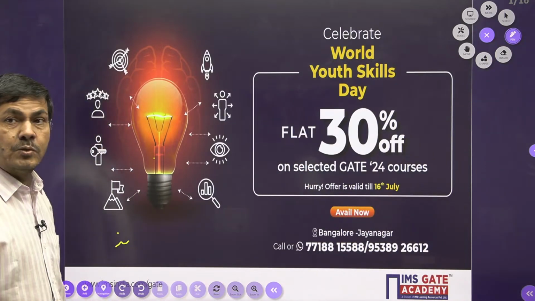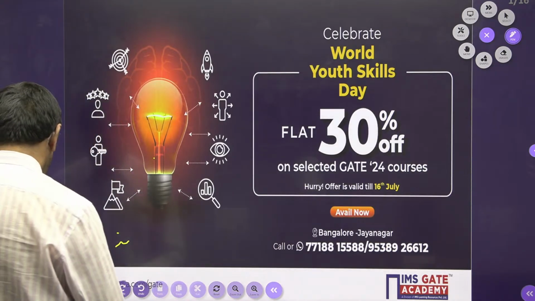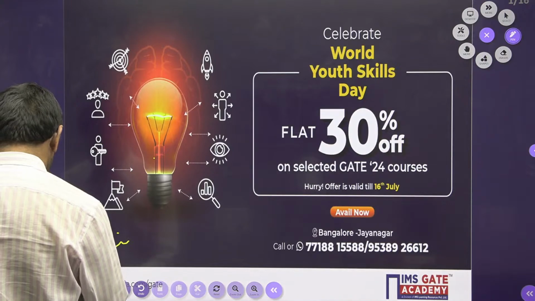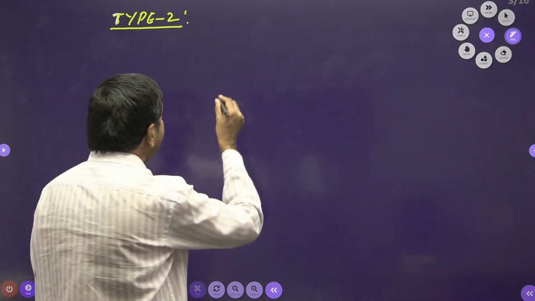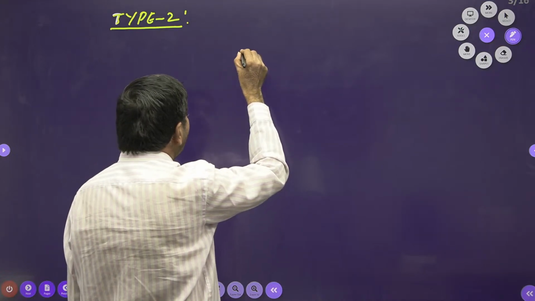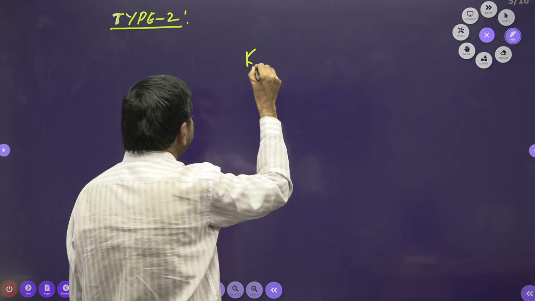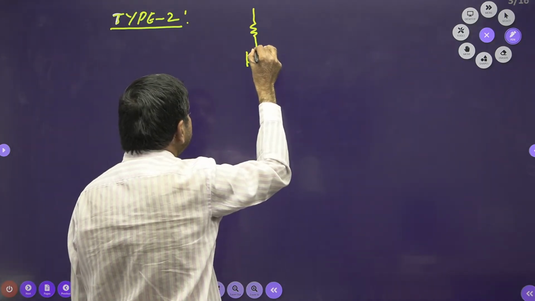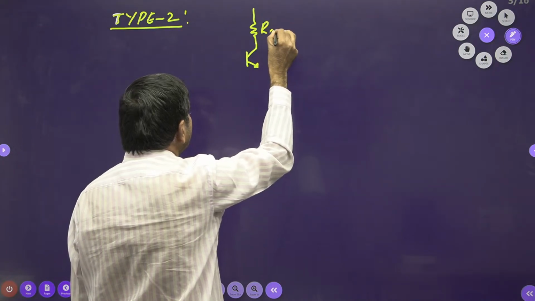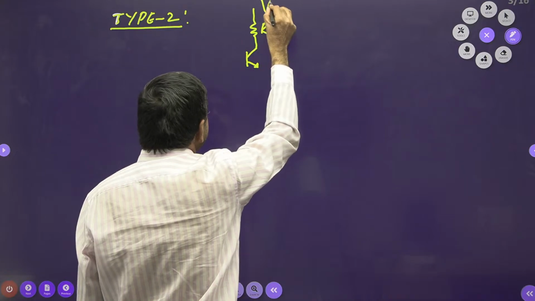Yes, now I can go to the type number 2. The students can understand clearly. Type 2. This network is of the form like this. There is Rc. This is VCC.